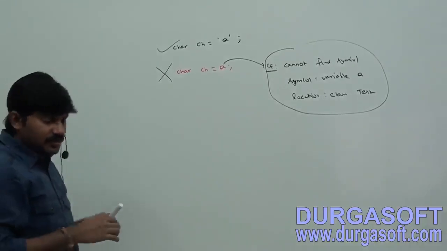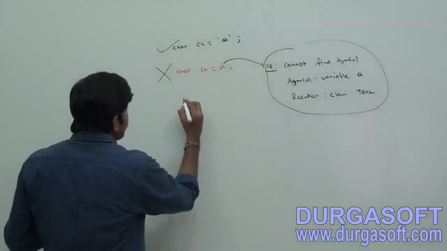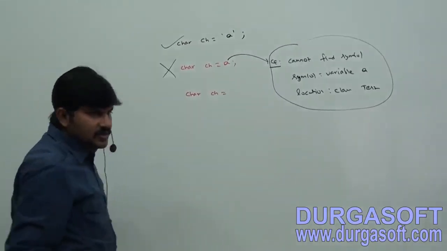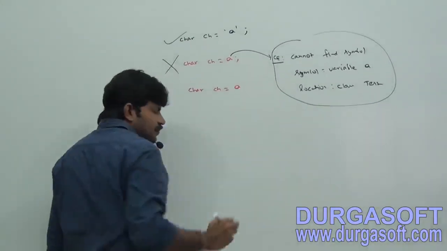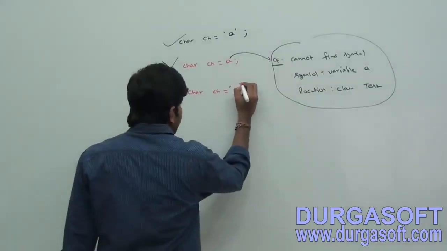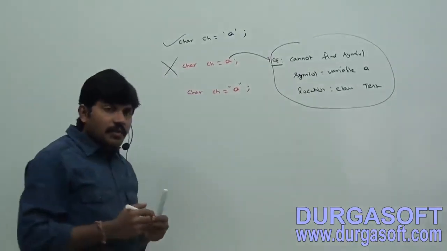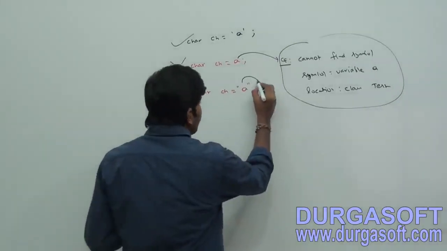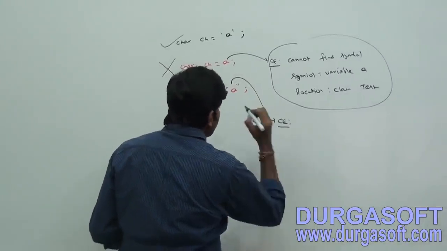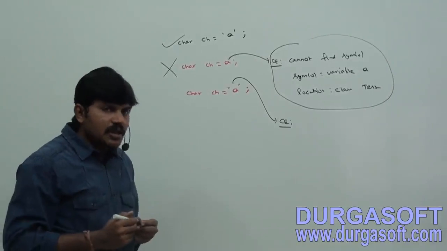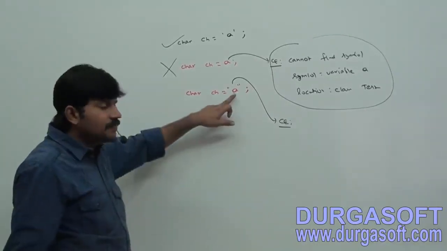Next, char ch is equal to a, but instead of single quotes I'm taking double quotes. A only, but with double quotes. Can you tell if it is a valid value or not? Here we get a compile time error, because if I take double quotes instead of single quotes, what does it mean? It is a String.